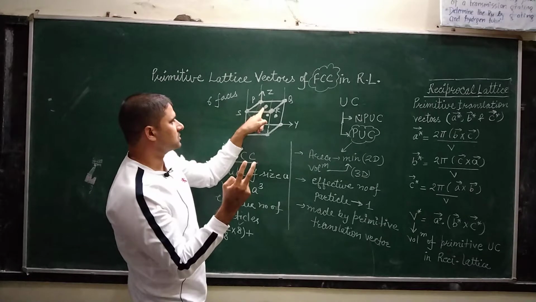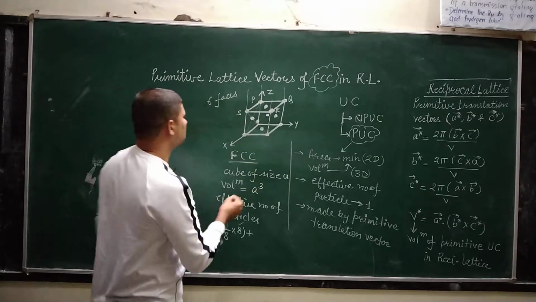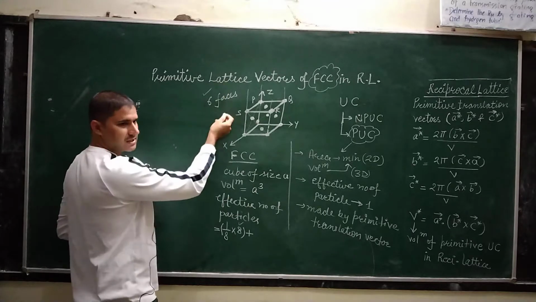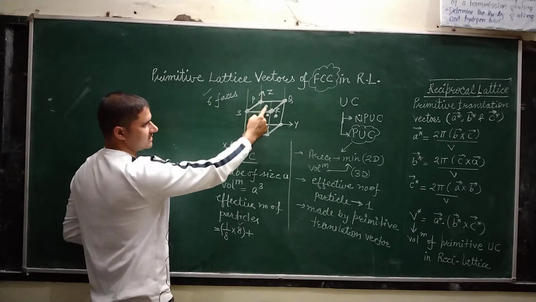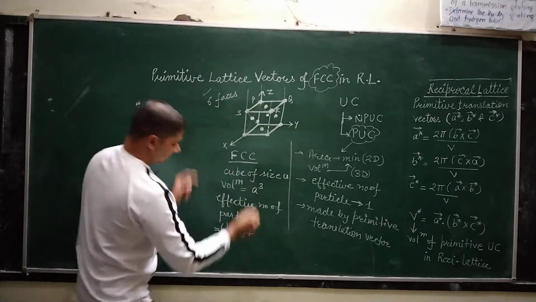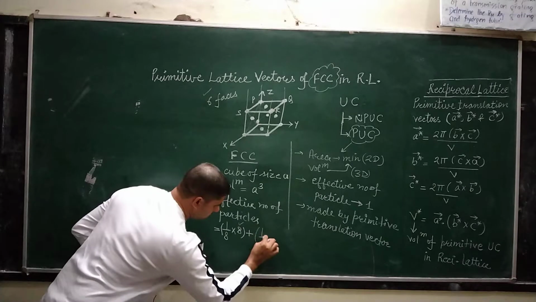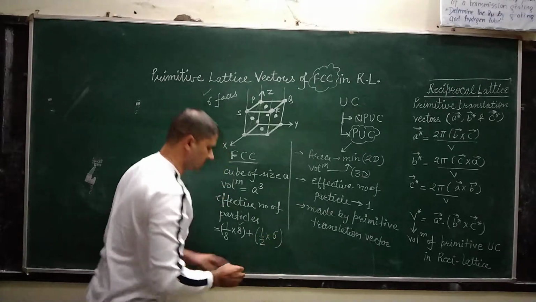So its contribution will be half in the upper cube and half in the lower cube. Here 6 faces are there, and the contribution of the particle at the center of the face is half. So the contribution of the particle at a face is half, and the total number of faces is 6.